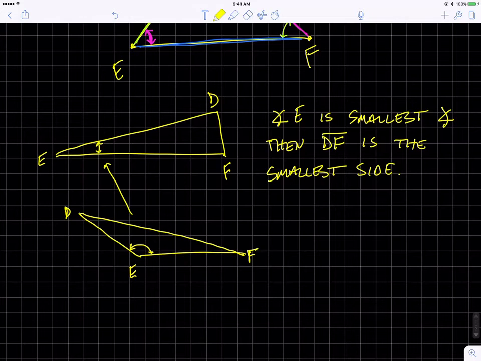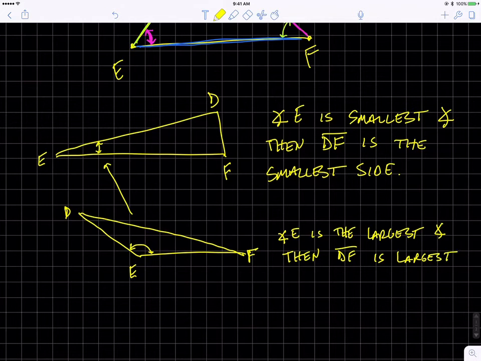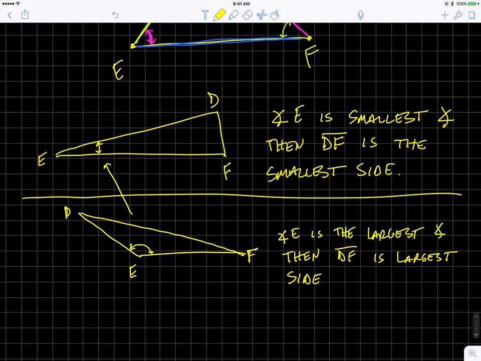Then in this picture, angle E is the largest angle, then DF is the largest side. I'll separate those so you don't think they're combined. So you can see as I make E larger, the side opposite gets larger.